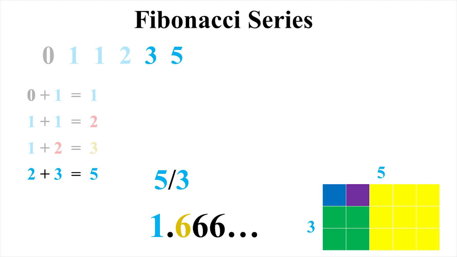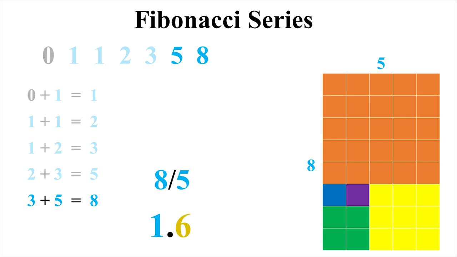Next one, 3 by 5 gives you a rectangle. And remember, we showed you the rectangle. Remember, a plus b over a equals a over b equals phi. These rectangles are getting tighter and tighter and tighter to the exact number of phi. We can do the next one, 5 by 8.